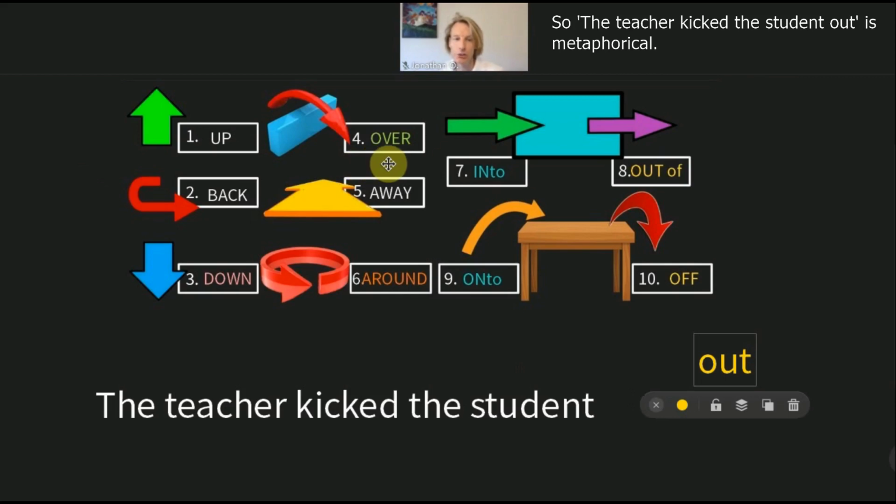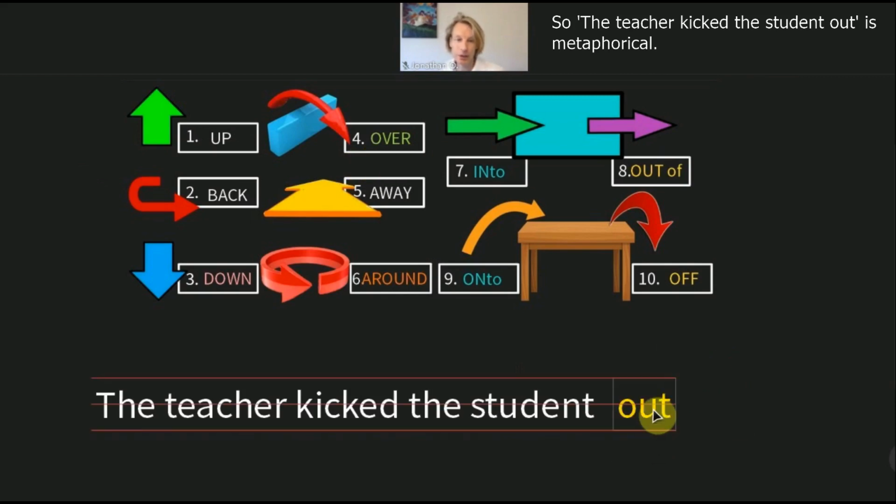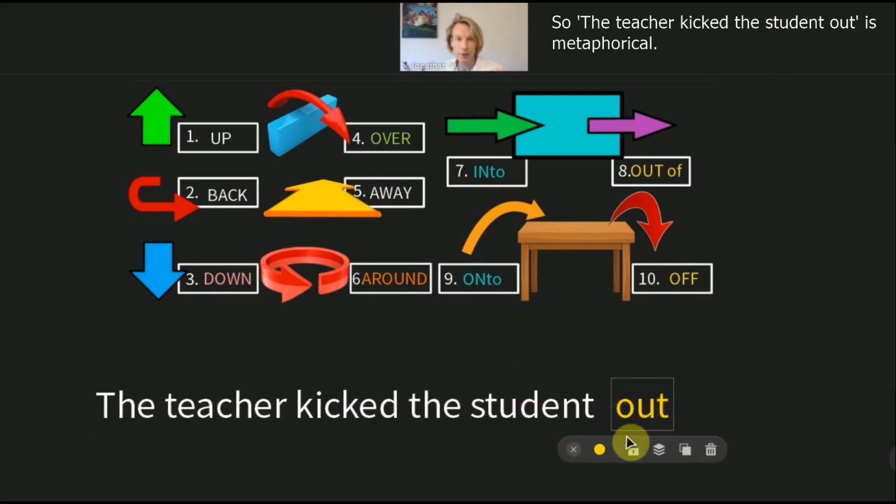So, the teacher kicked the student out is metaphorical. We are not talking about any physical aggression in this case. It means that the teacher is fed up. He is very annoyed because there is a student who does not stop talking. And finally, he says, please get out of the class. Leave the class and don't come back.